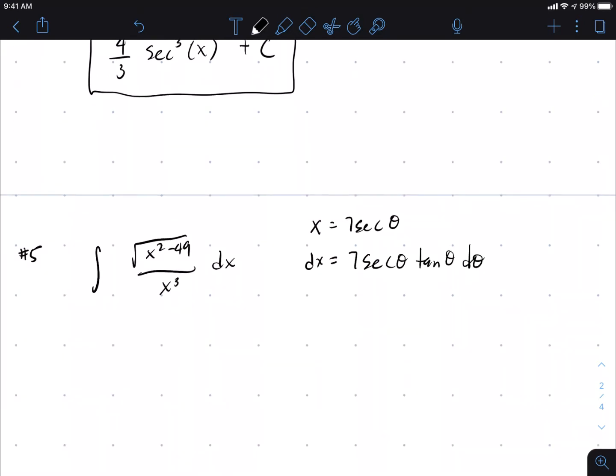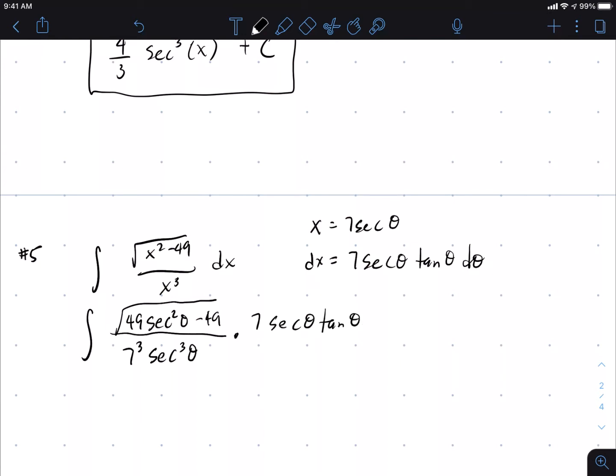So that's going to take over for dx. So I'm going to have 49 secant squared theta minus 49 under the root over, I'll just leave it as a cube, 7 cubed secant cubed theta times 7 secant theta tangent theta d theta. Are we in agreement?